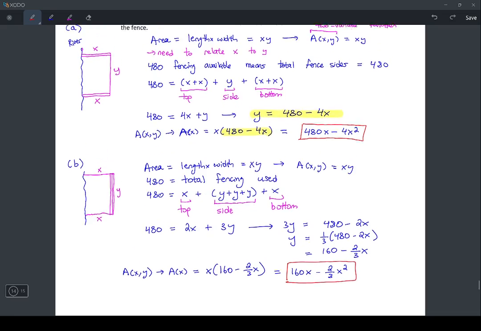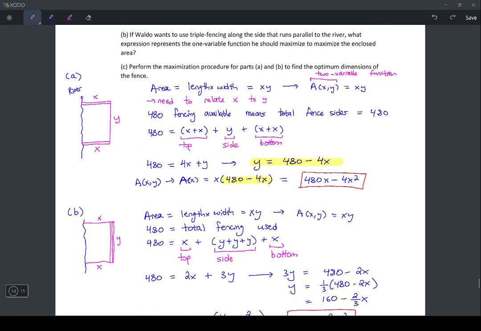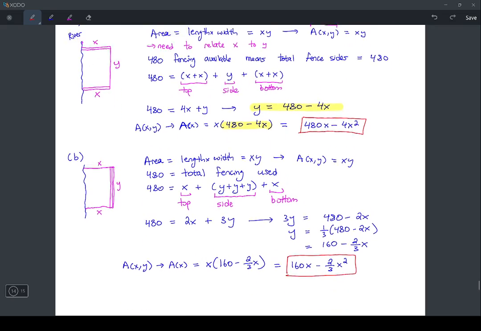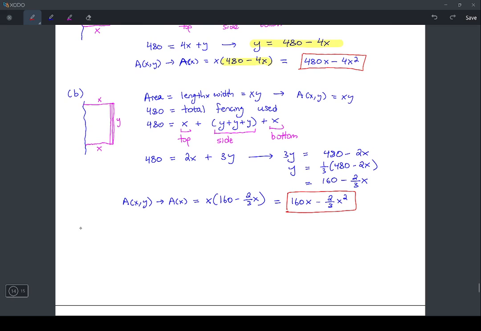Okay, then part C wants us to do the optimization, perform the maximization procedure for parts A and B, and find the optimum dimensions of the fence. So for A of x equal to 480x minus 4x squared, I'm getting ahead of myself.